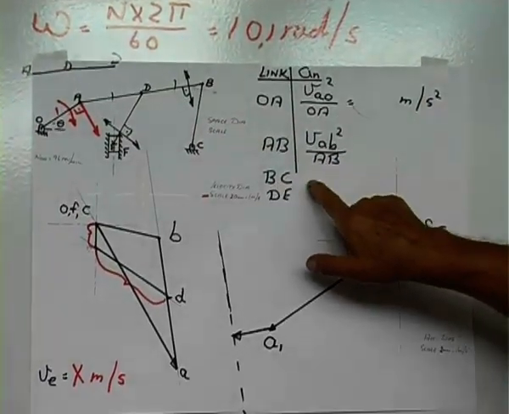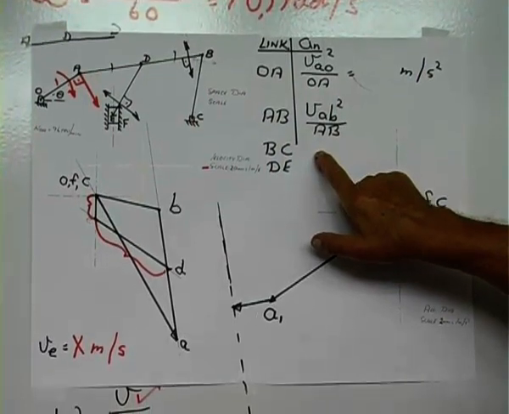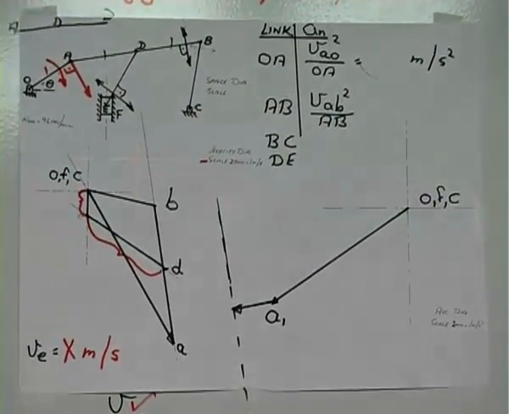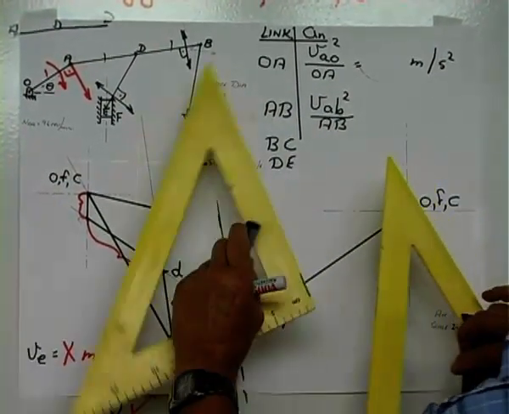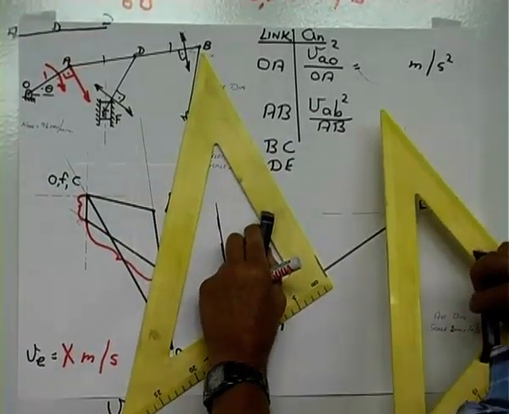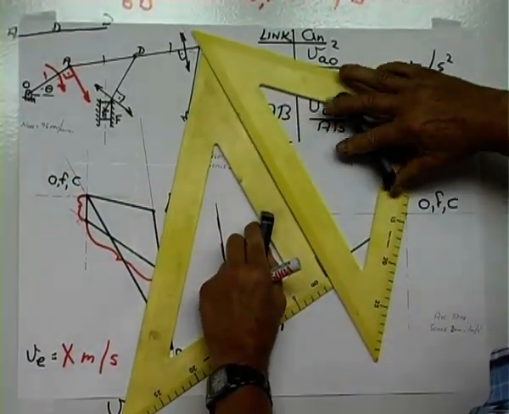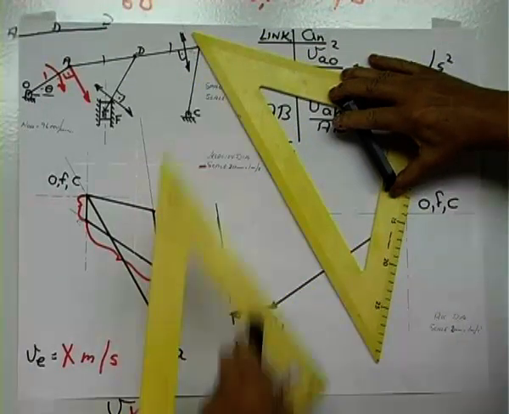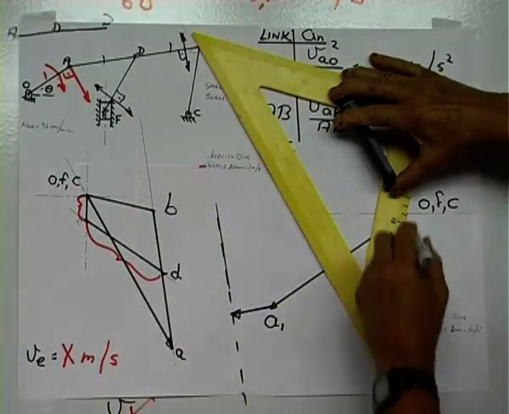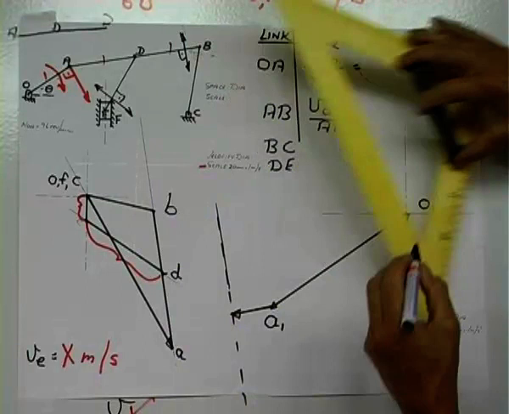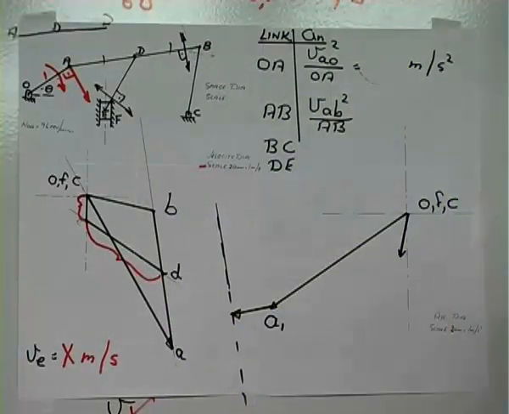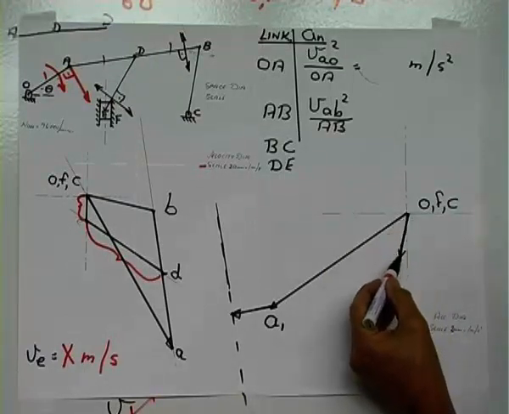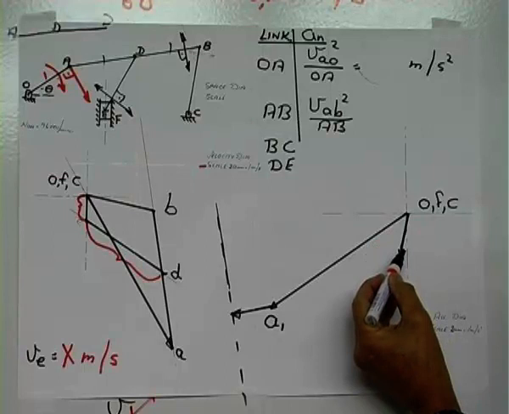BC, you calculate the magnitude of the normal acceleration, and that one will be parallel to that link BC. You do have the magnitude, and you can draw in that one. But there is still a tangential acceleration. We know the magnitude and direction of the normal acceleration.